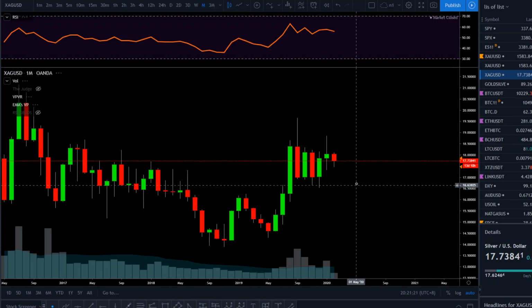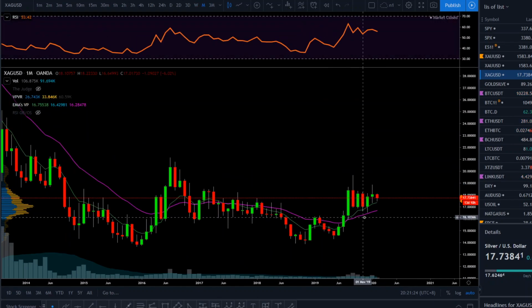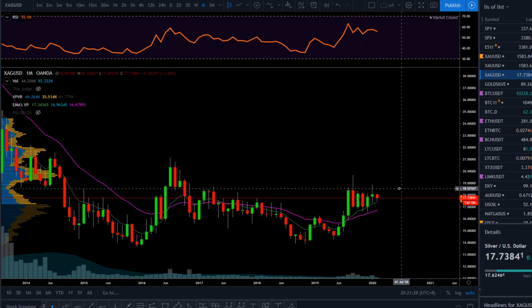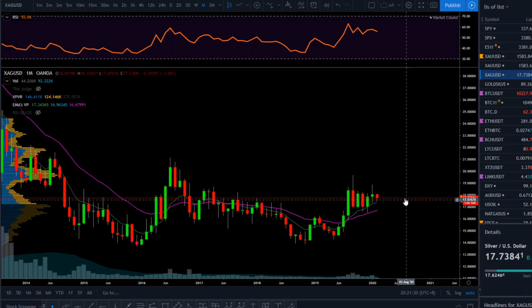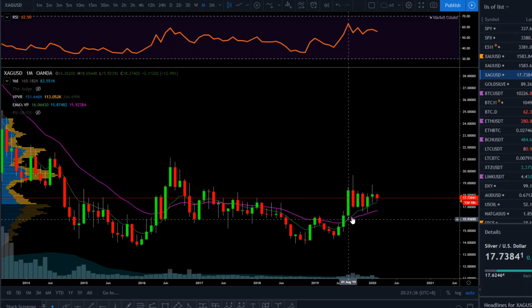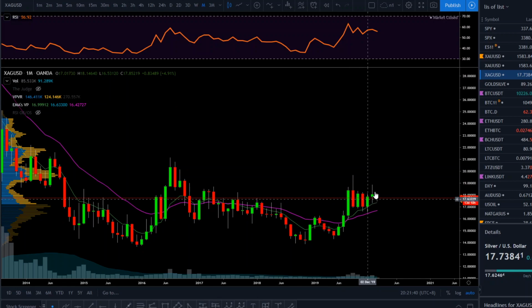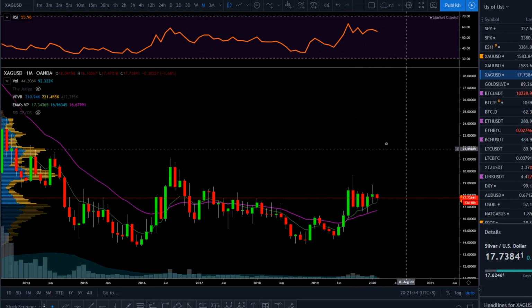On the monthly, let's have a look at the monthly. So on the monthly it's just in this little channel, I guess. Bulls need to break above 18. We can see the 8 EMA acting as support here since we broke above it, with no candles closing below.